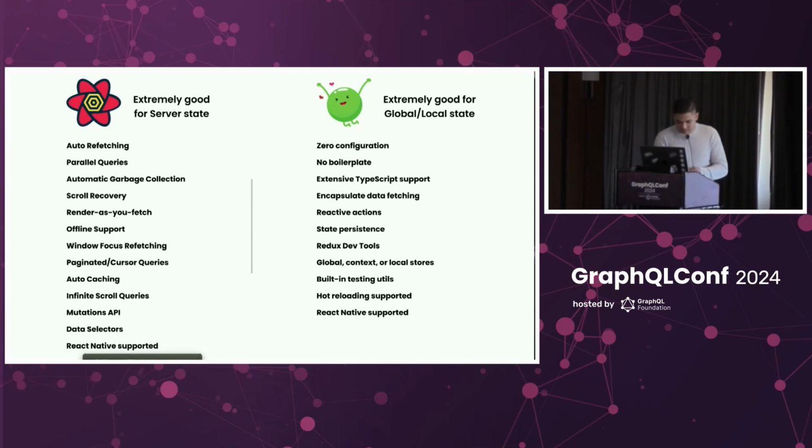React Query has a lot of features users expect from a modern, smooth mobile application. You've got auto refetching, so it detects when the data is stale and automatically reloads it. It has parallel queries, automatic garbage collection, and scroll recovery. Scroll recovery means that when the data changes, you're not scrolled up to the beginning; the data is swapped without losing the scroll position.